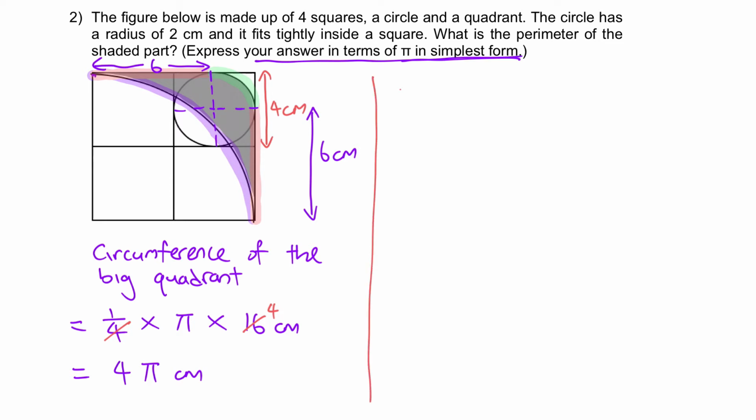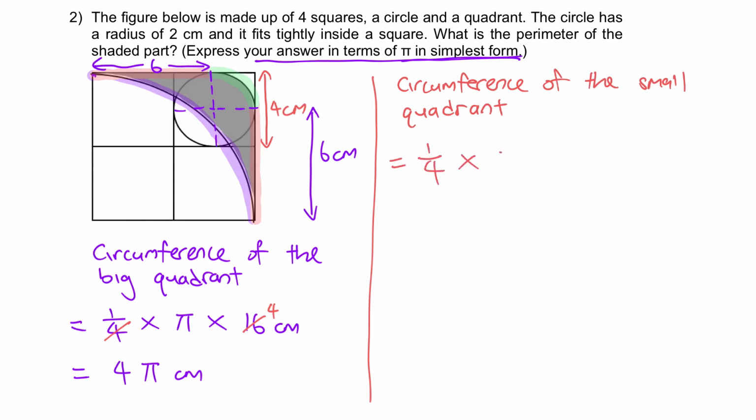Next, let's move on to find the circumference of the small quadrant. Again, a quarter of pi times the diameter of the small quadrant, which is this entire thing, 4.